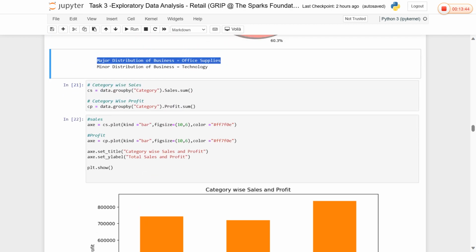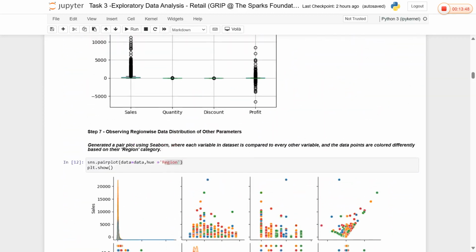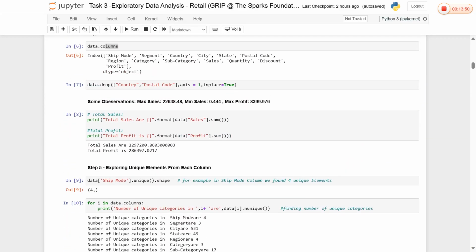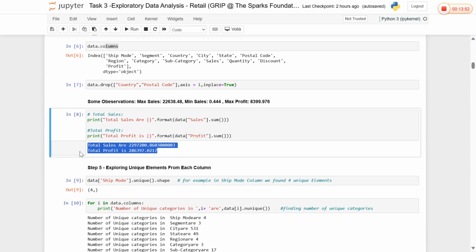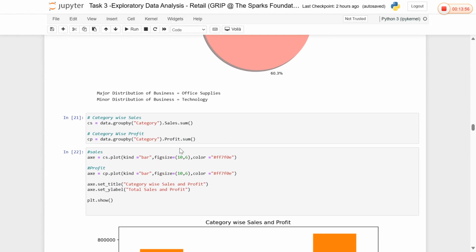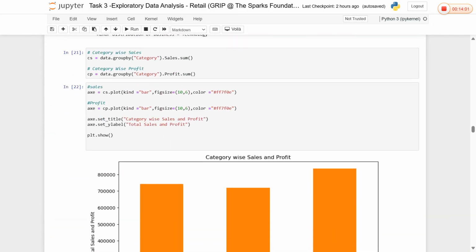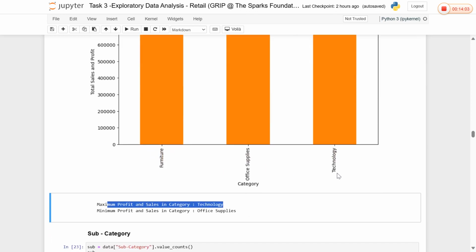We have previously mentioned, see here, total sales this much and total profit this much. So we analyze this here. What we found is that by category-wise, technology has the maximum profit and sales, and the minimum profit we have found in office supplies.